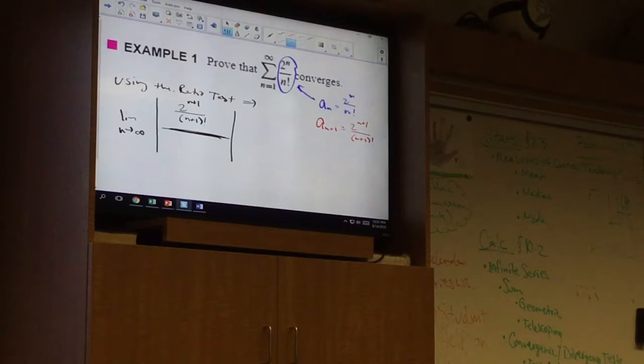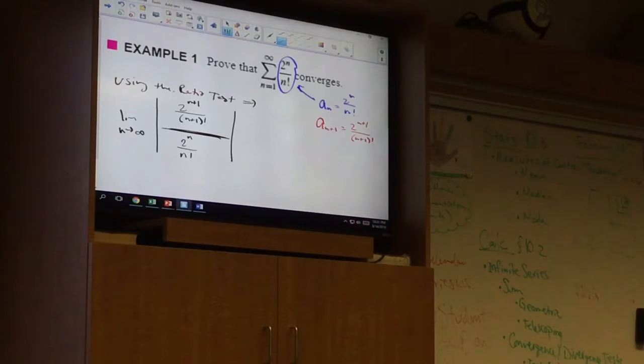So then what goes in the denominator of this ratio? 2 to the n over n factorial, which is just a sub n, right? Isn't it a sub n plus 1 divided by a sub n? So it's the red thing divided by the blue thing.